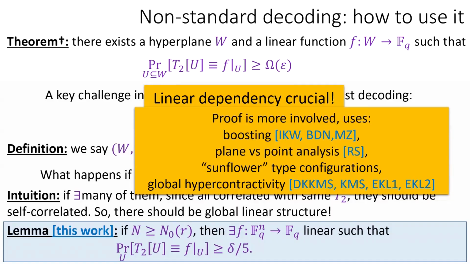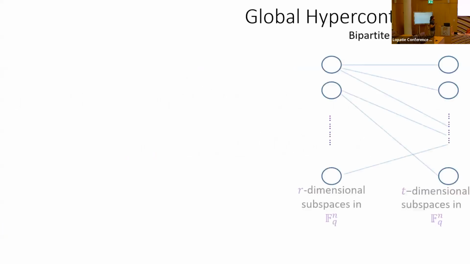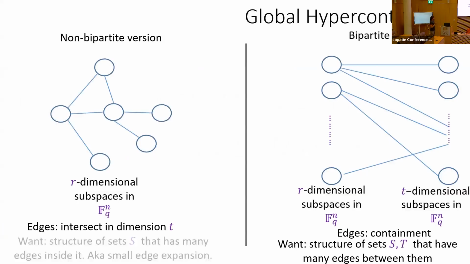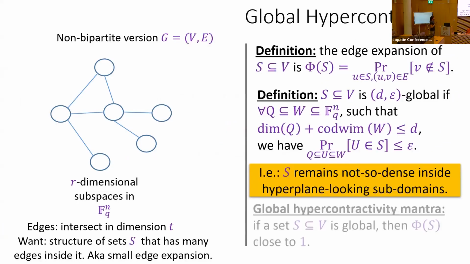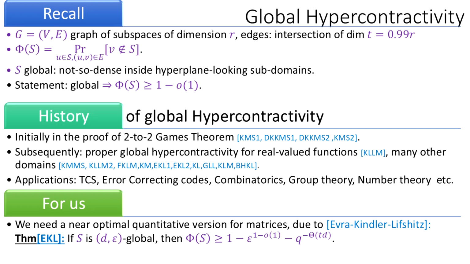Cool. So I was hoping to tell you a little bit about how to prove it and talk about global hypercontractivity, but that's not going to happen. So I'm going to click a lot. And I'm just going to tell you that there is this thing called global hypercontractivity, which is related to what Guy was talking about.